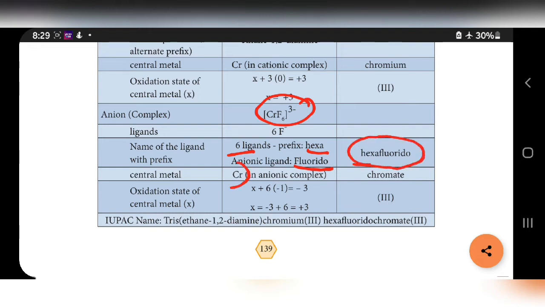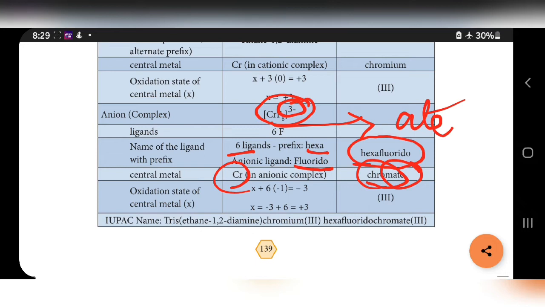Central metal ion name is chromium. If the charge of the square bracket is negative, the central metal ion name should end with ate. So instead of chromium, here it becomes chromate. The name ends with ate. So the central metal ion name is chromate.